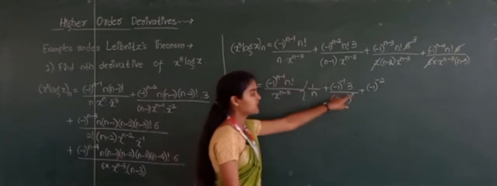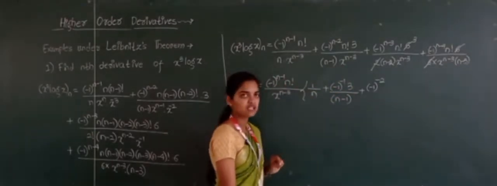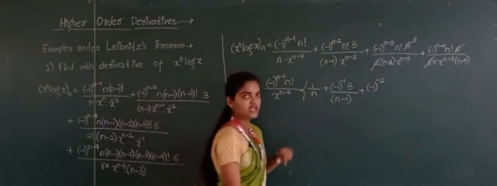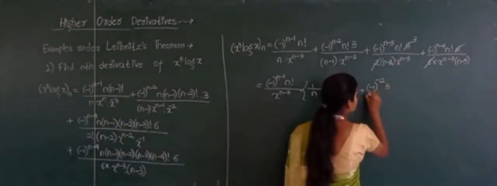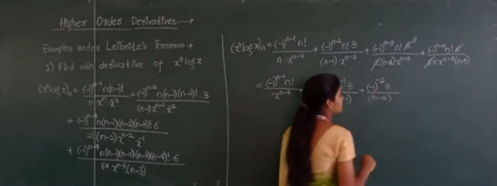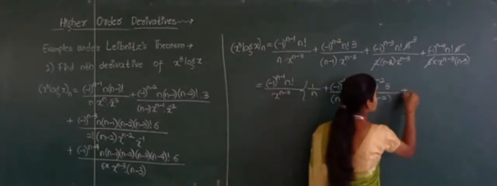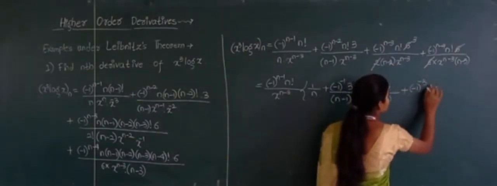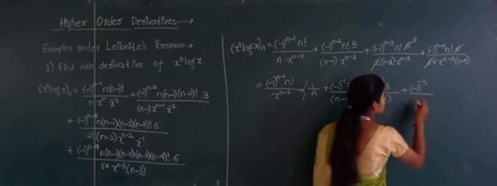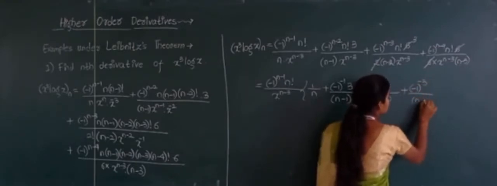N minus 1 minus 2 means again n minus 3 we will get. So minus 1 raised to minus 2 is remaining, n factorial is taken outside, 3 is there, divided by n minus 2, and this x minus 3 is again outside. So similarly in the last term we will be left with minus 1 raised to minus 3 divided by n minus 3.